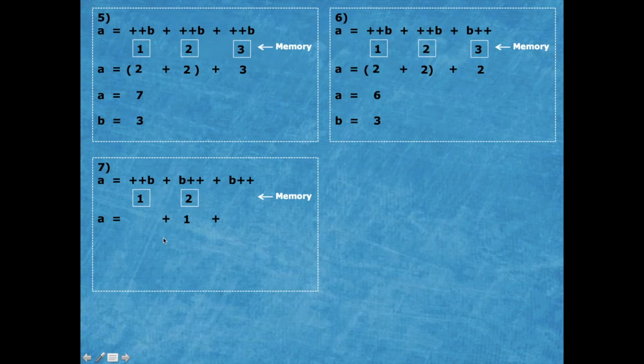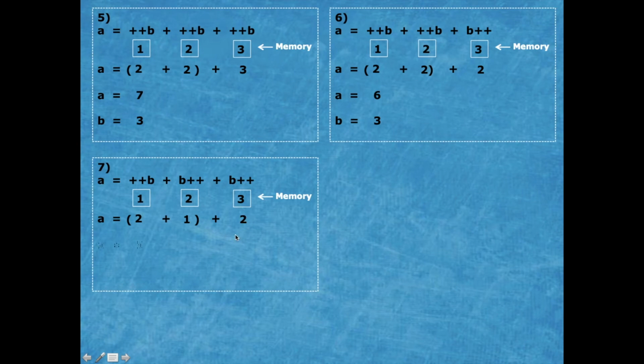Addition operator, so first we need to do addition, for which we need to substitute b over here, which will be 2. Okay. Finally, we have b++, which is post increment. So now use 2 over here and then it becomes 3. So again, the final value of b is 3.